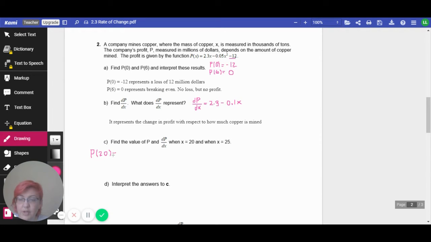So I'm going to plug 20 into my original function. 2.3 times 20 minus 0.05 times 20 squared minus 12. And I get 14.